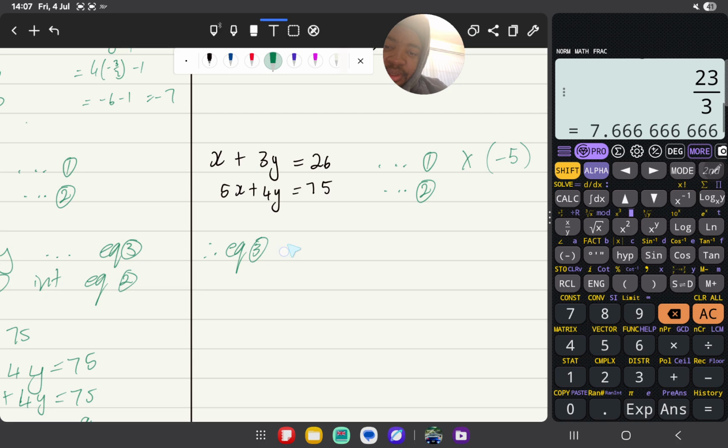will be minus 5x minus 15y equals 100 minus 130.